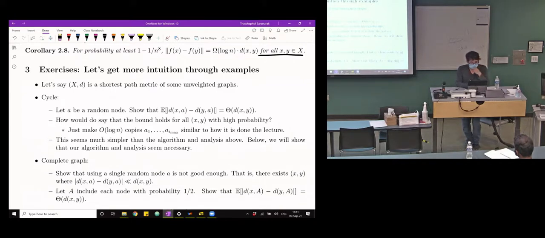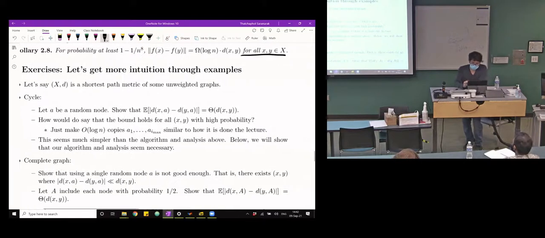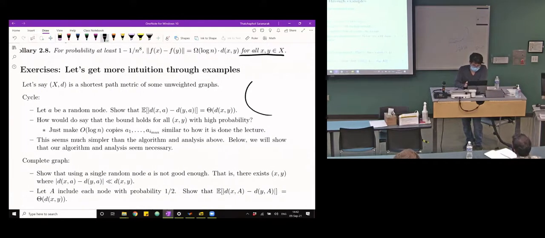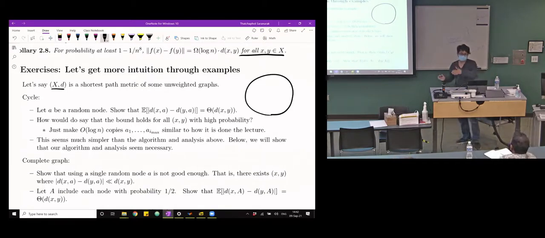Because we still have some time, let's look at one example. Suppose that the graph is a cycle. I talk about graphs because we can always think of a graph and define a metric from it. So let me talk about a cycle. What if I define a very simple mapping?